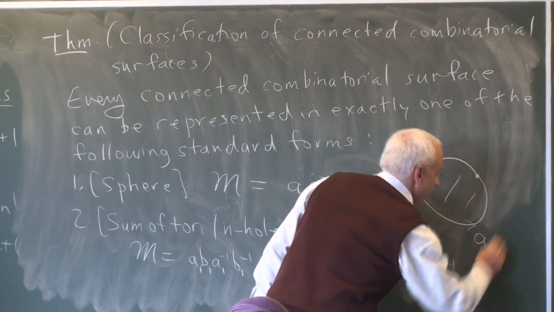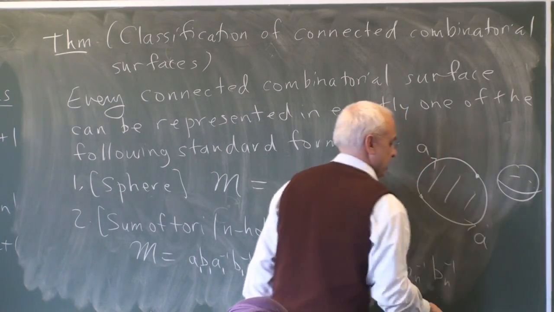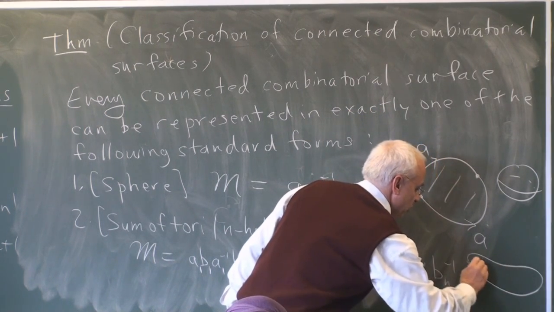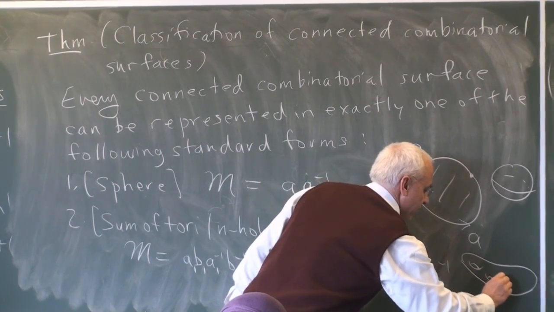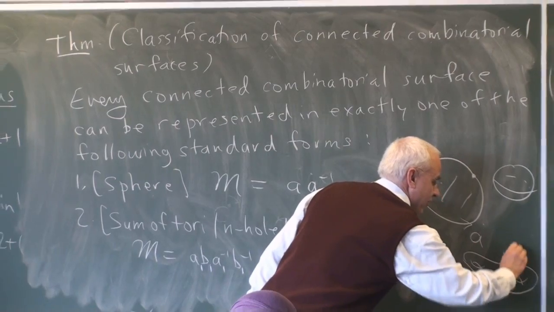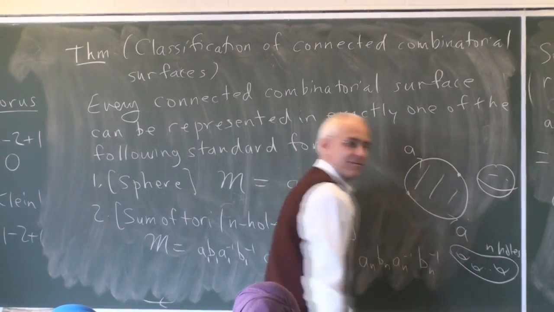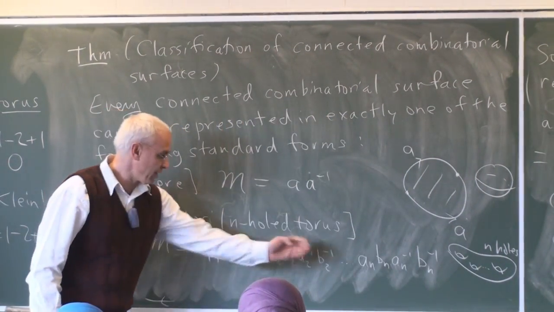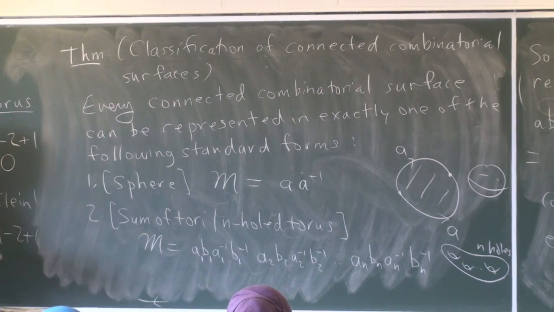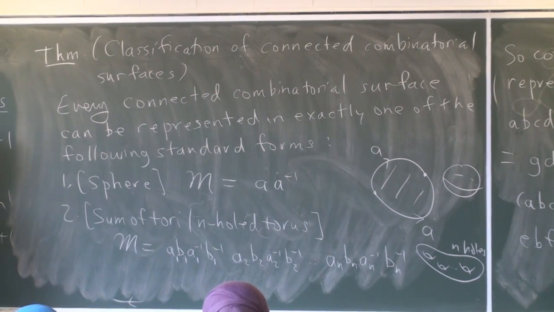Of course, the previous one is a sphere. Here, the picture is a torus with n holes, and combinatorially, in terms of a polygon, that's its representation.